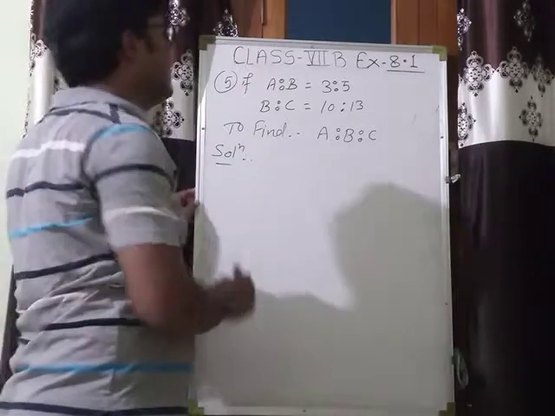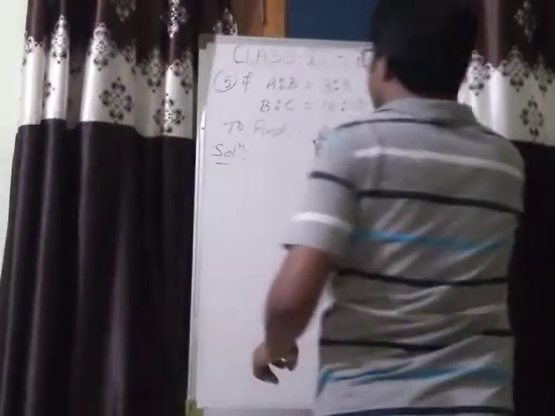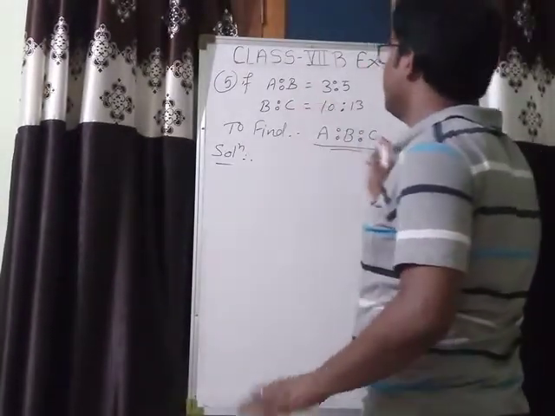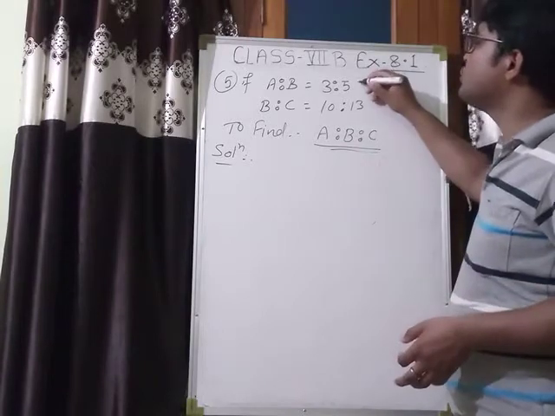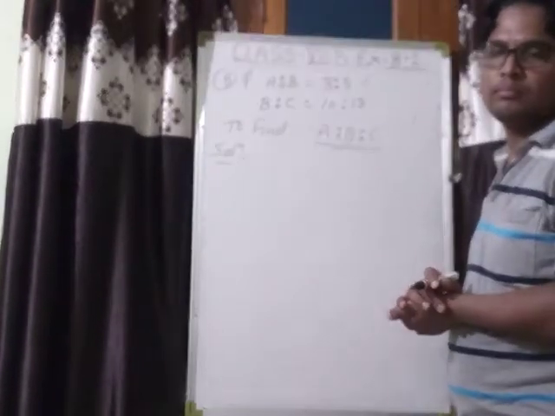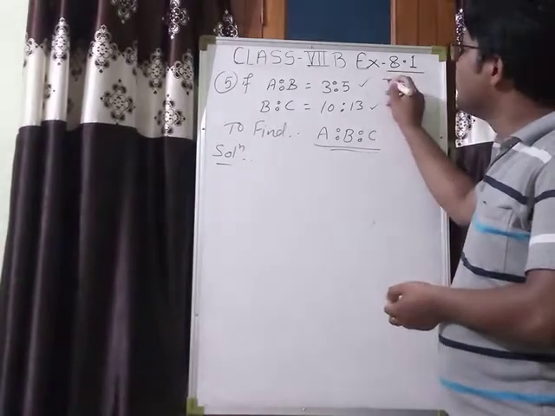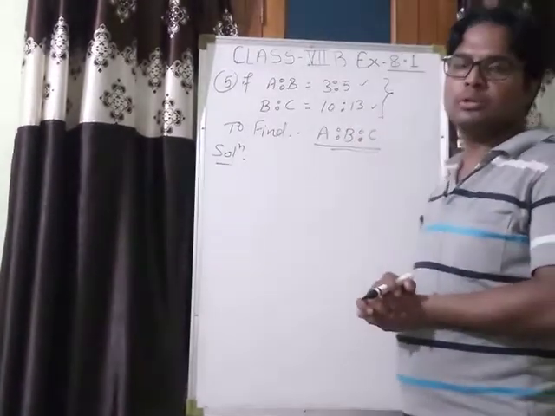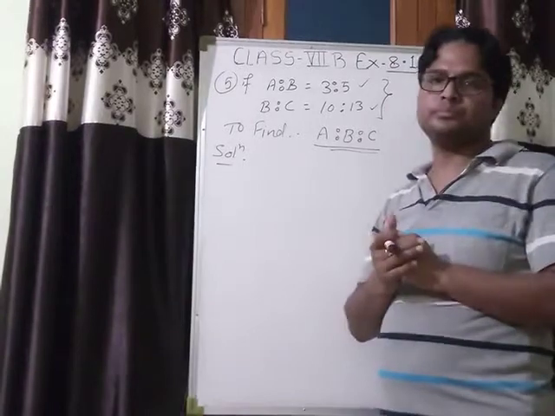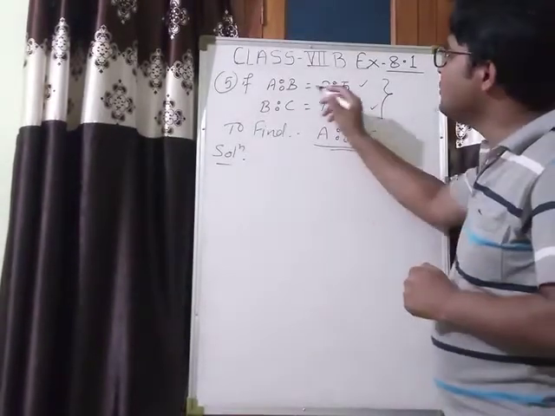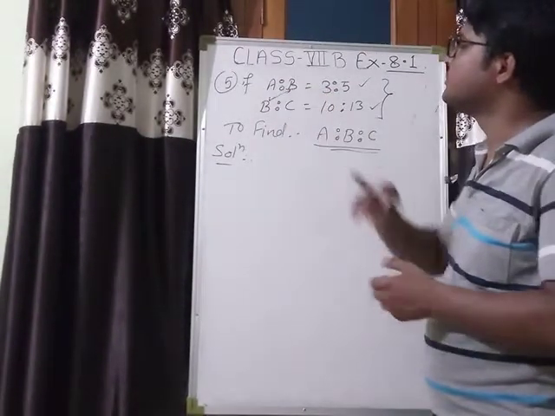How can we find out the ratio between A, B and C? Here A is to B is given and here B is to C is given. In both ratios, which term is common? That is B.